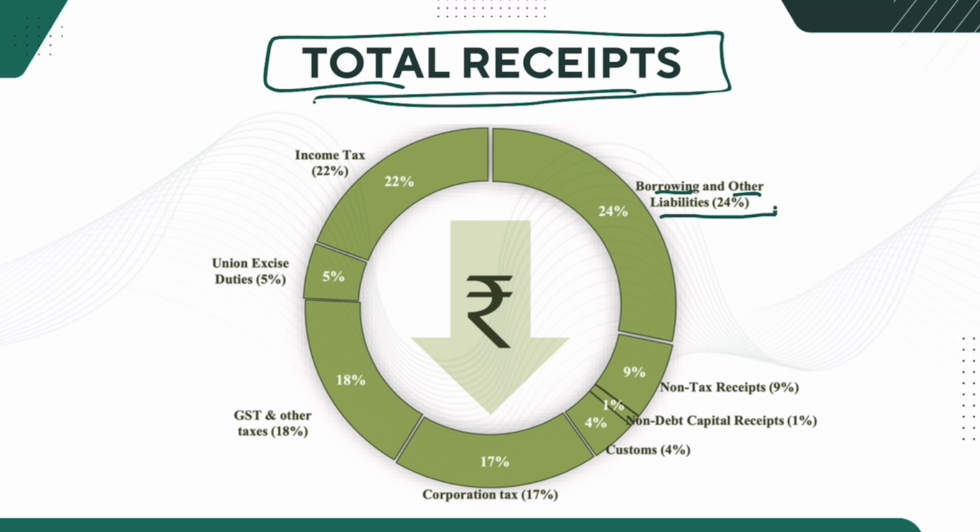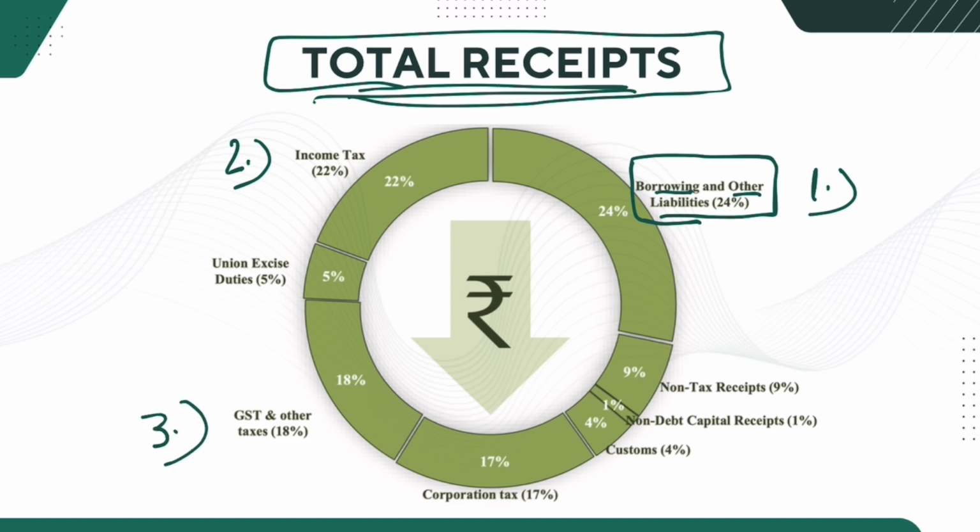Borrowing and other liabilities forms the number one component of total receipts. Number two is income tax collections. Number three is GST. Number four is corporate income tax or corporation tax, and then so on and so forth.